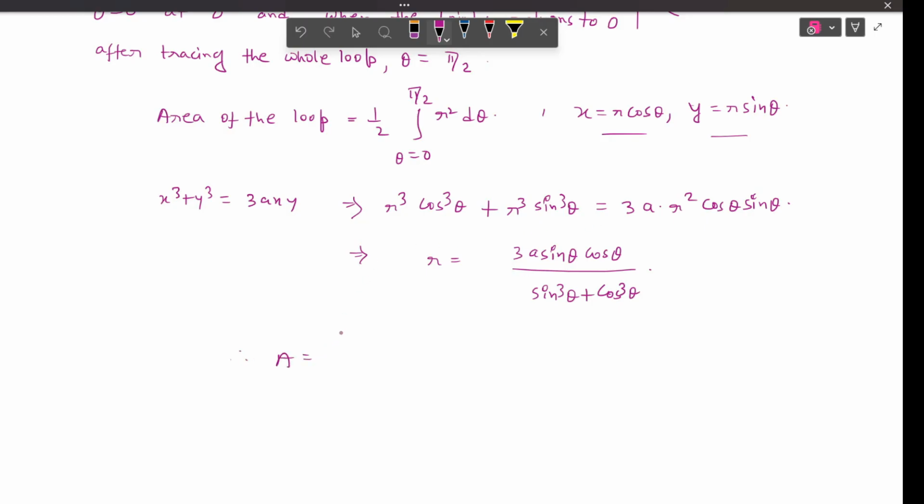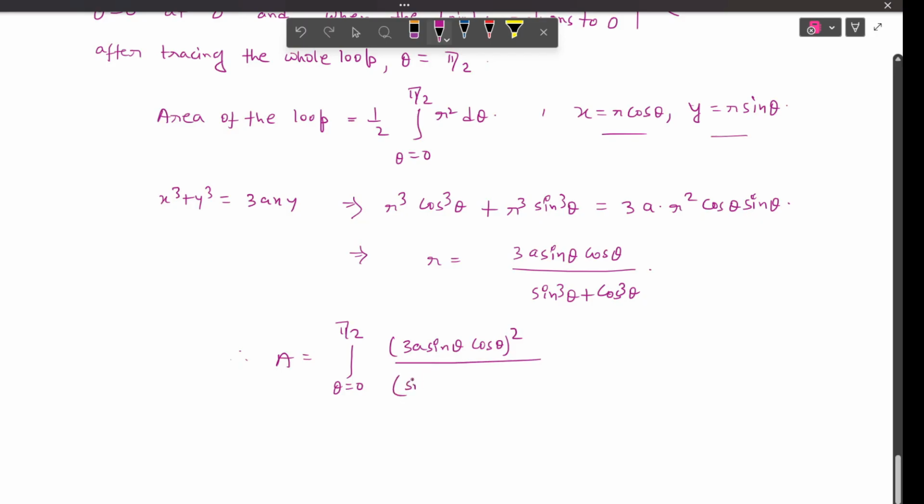So our required area is integration theta is 0 to pi by 2. This r square would be square of this thing. So we got 3a sin theta cos theta whole square by sin cube theta plus cos cube theta whole square d theta. Okay.